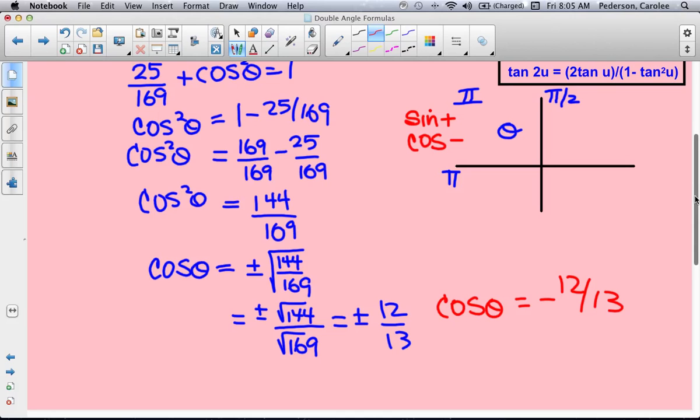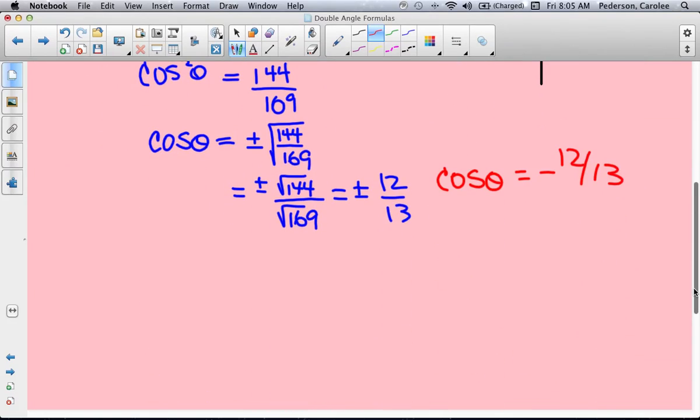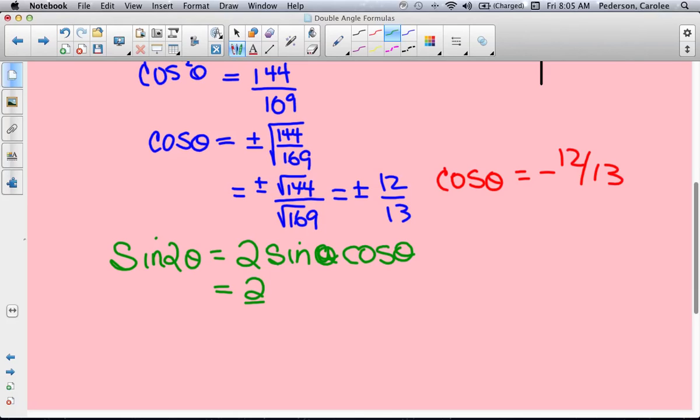All right, now we can go ahead and evaluate for the sine of 2 theta. The sine of 2 theta is what we want to find. So now we can substitute it in over here in the box. 2 sine of u cosine of u. So the formula for the double angle for the sine of 2 theta equals 2 sine of u, which we'll just change to theta, times the cosine of theta. 2, so change that to 2 over 1, since we're working with fractions.